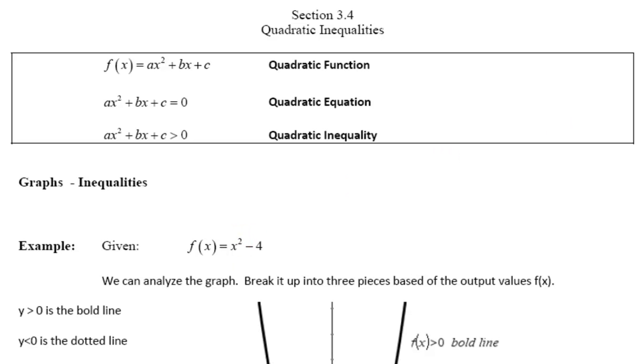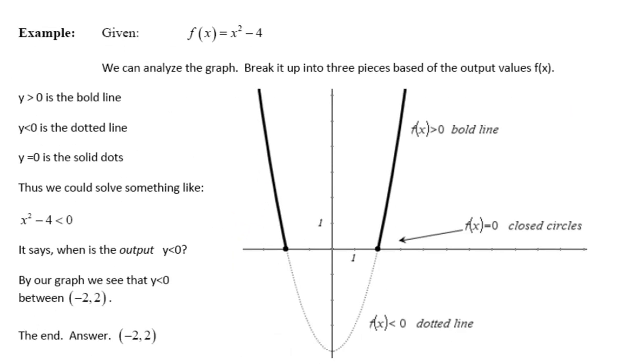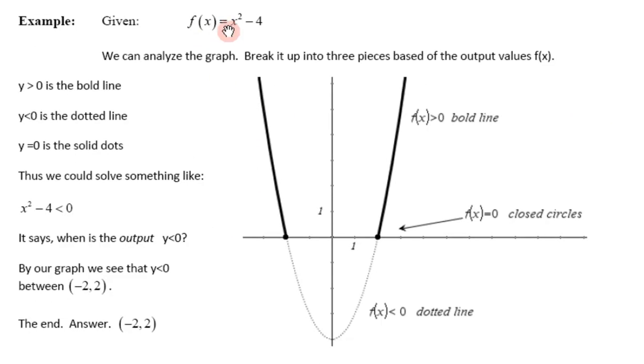So here's an example. What we're going to do is look at f of x equals x squared minus 4. Now let's quickly graph that. If we graph it, we just move down 4 units. I quickly graphed it here. Now there's the bold line and the dotted line. Where is y equals 0? Right here.